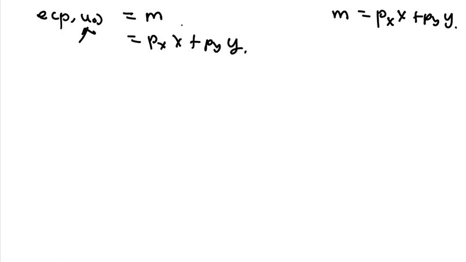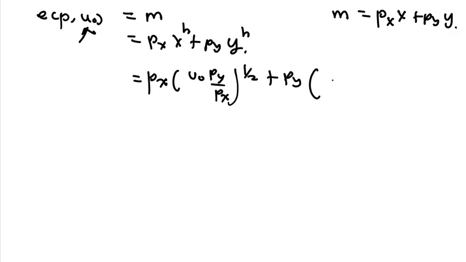So x and y here at the optimal level are basically the Hicksian demand functions for x and y. So here px, because I want to obtain the expenditure function, times u naught py over px square root, all of them in the circle bracket, plus py in the circle bracket u naught px over py, the whole thing square root in the circle bracket.